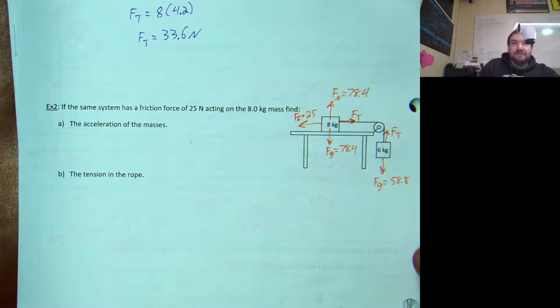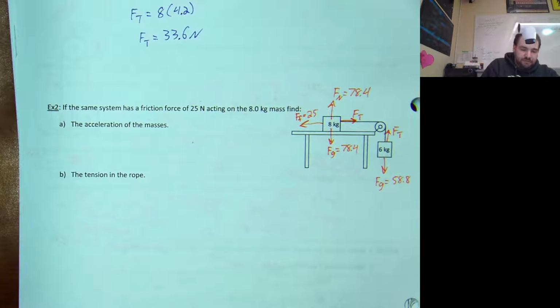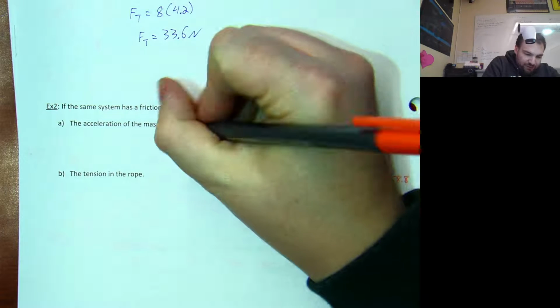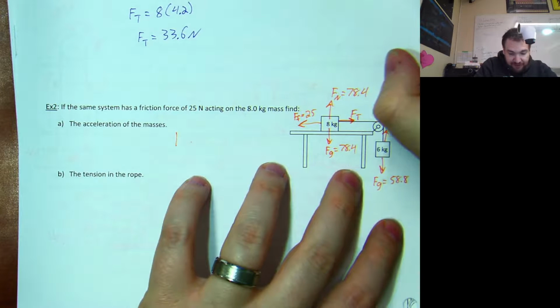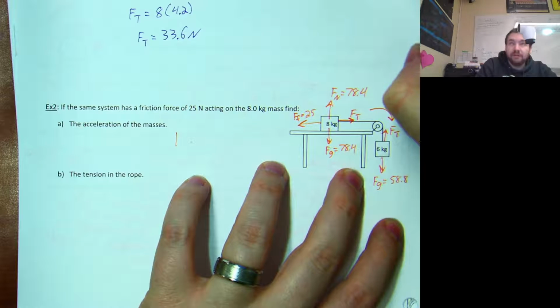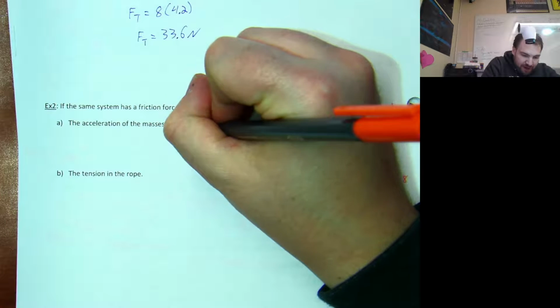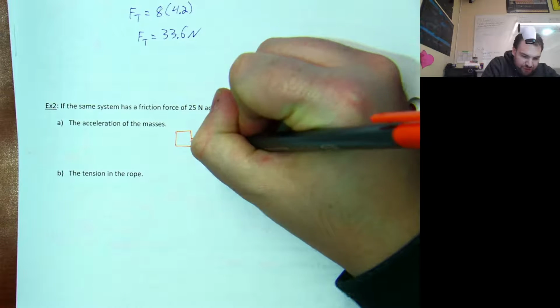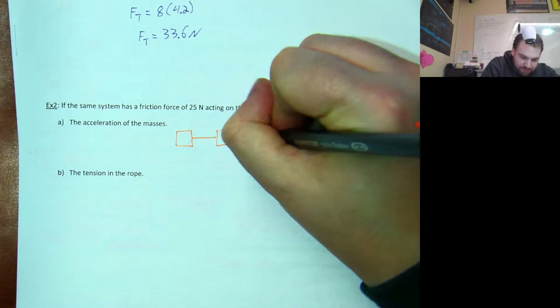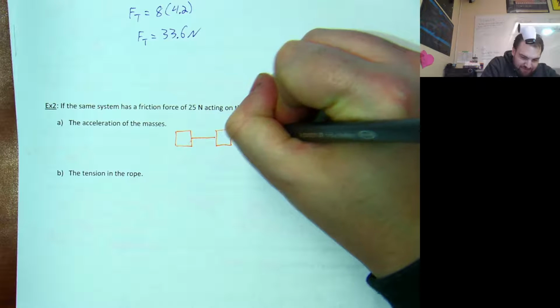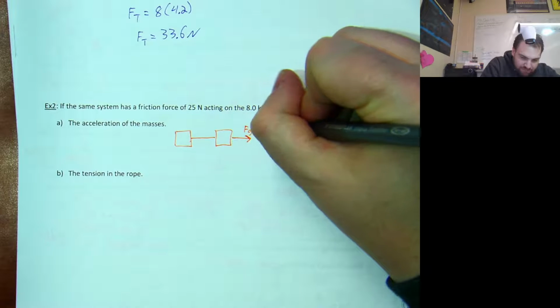So the acceleration of the masses now, I can redraw this thing, and we're going to call the same direction positive, down and over the pulley. So I can pop these things off, redraw them. I'm going to have FG 58.8.